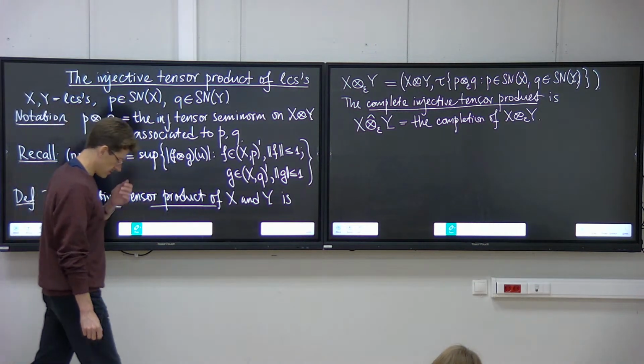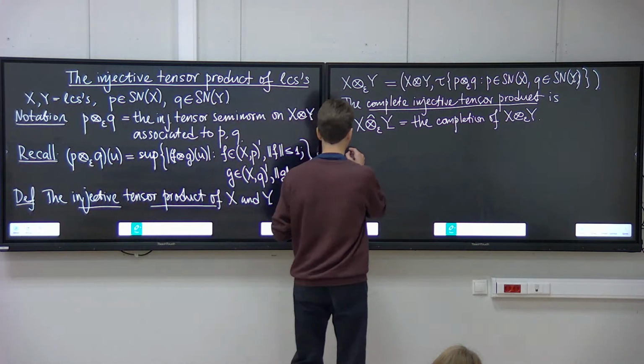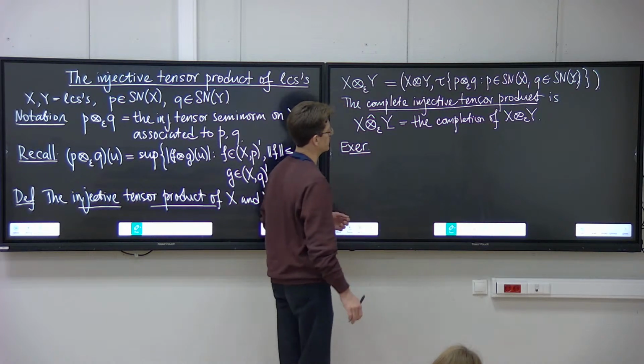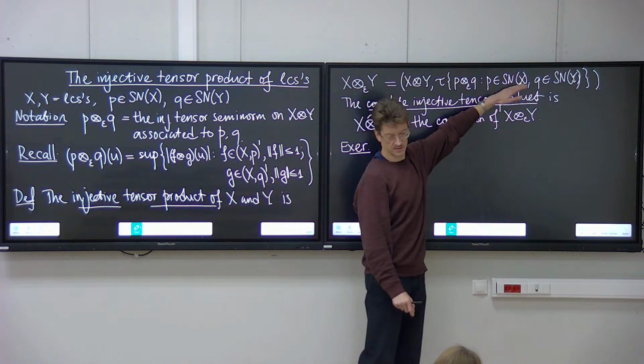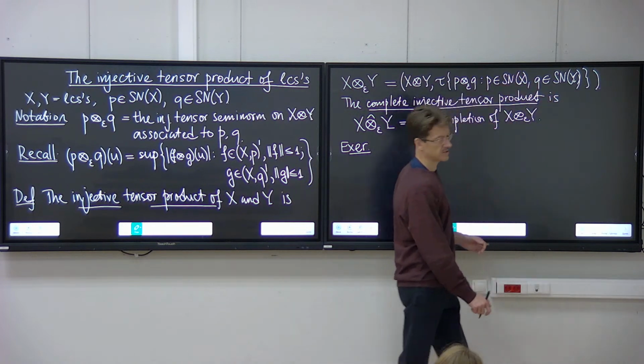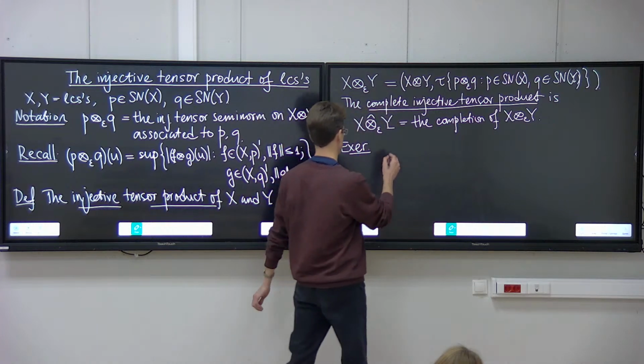Okay, so it's rather easy to observe, a simple exercise for you, to show that we can actually replace here the families of all continuous seminorms on X and Y by arbitrary defining directed families.